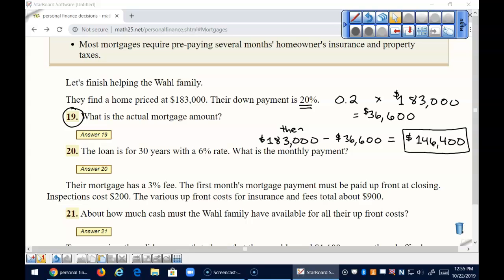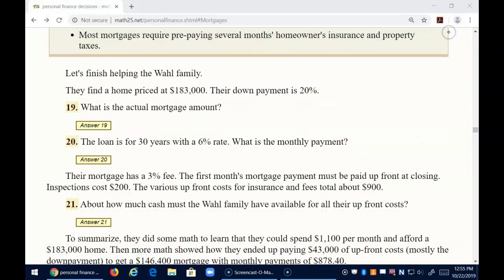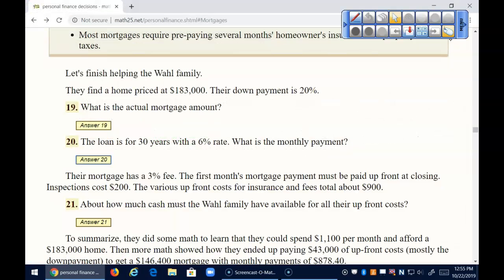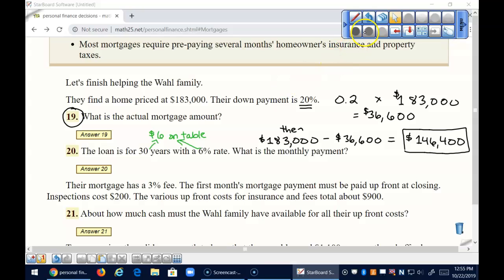So the loan is 30 years with a 6% rate. So that was the $6, right? We've done that already. Did I make it 0.4 here? 0.6? Yes, I did. So then we're going to take the $6 and we're going to multiply it by, now you could just do 147 round, or 146 rounding this one.